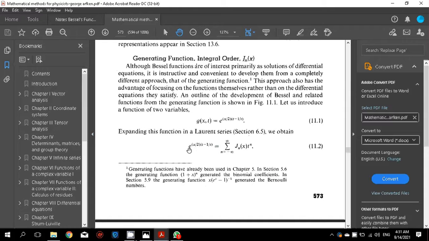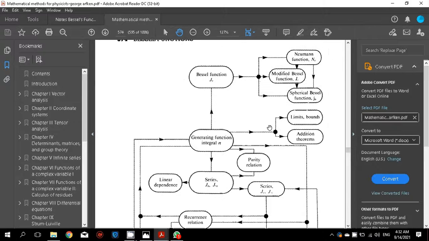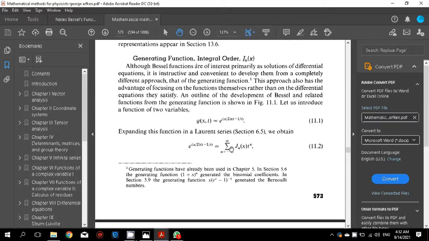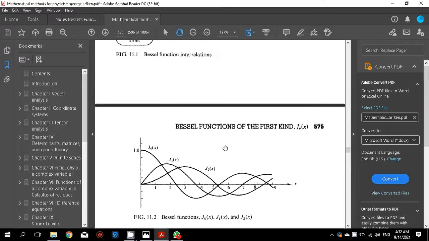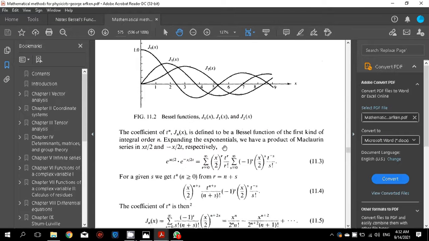So this single function generates all the Bessel's functions. That is a very useful function, and the proof of this is given here in the book as well. But if you want to see more detail, you can consult my notes. Here is the proof.